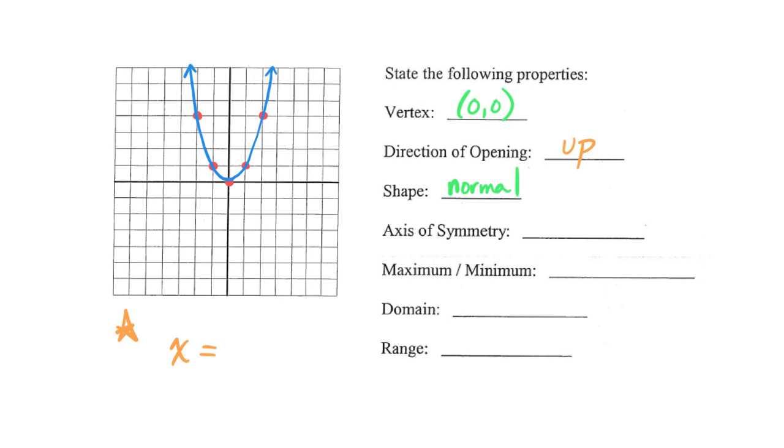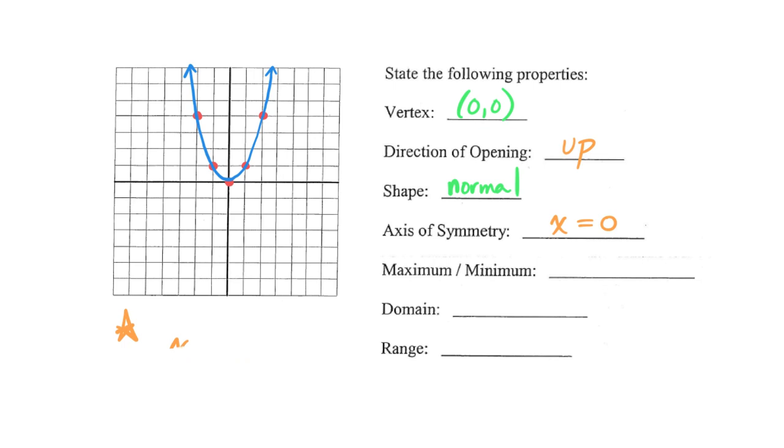So you could say it's x equals c, where c is just a constant. Well, that axis of symmetry would be x equals 0 for my base parabola, because my vertex is at 0. So my dotted line would run through every point that has an x-coordinate of 0.